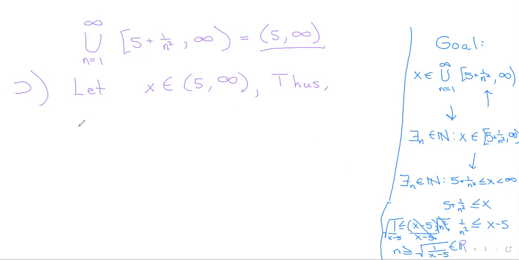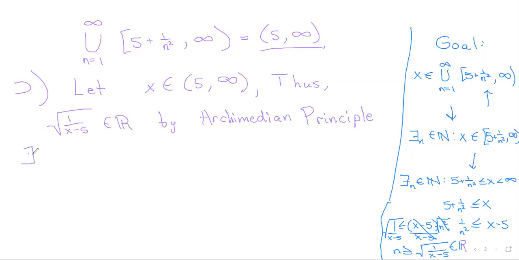So by the Archimedean principle, I'll write that down over here: 1 over x minus 5 exists in real numbers, by the Archimedean principle.